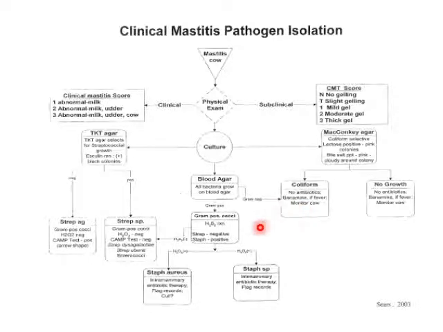If you've got animals over here, you are going to be testing positive for those. If they do grow, this is an opportunity to possibly treat. Staph aureus, we've got intramammary treatment, one way, shape, or form.